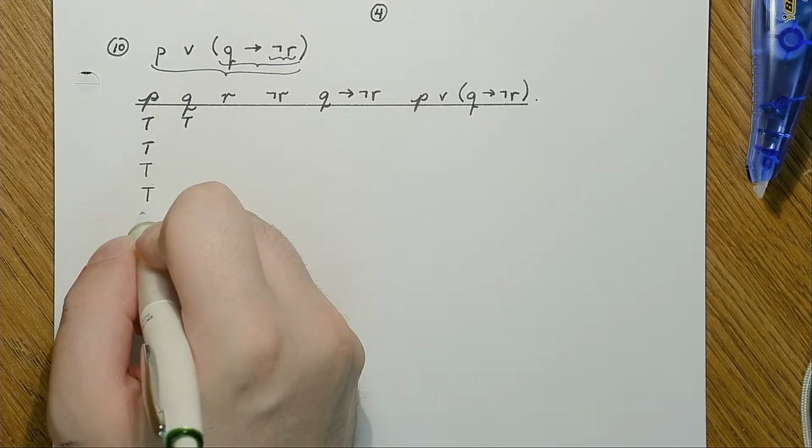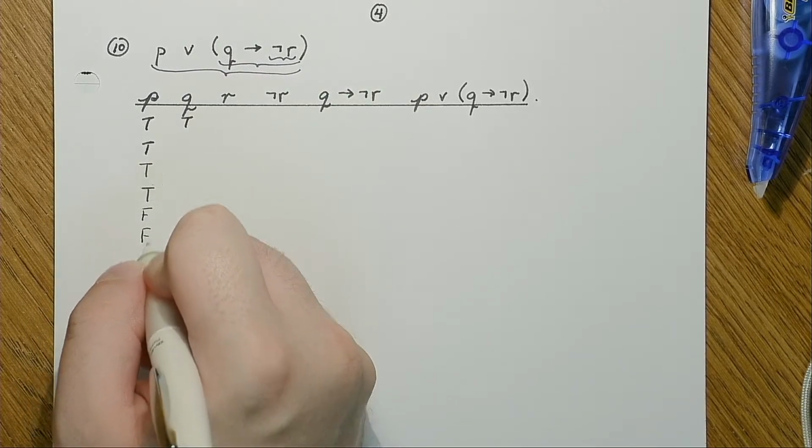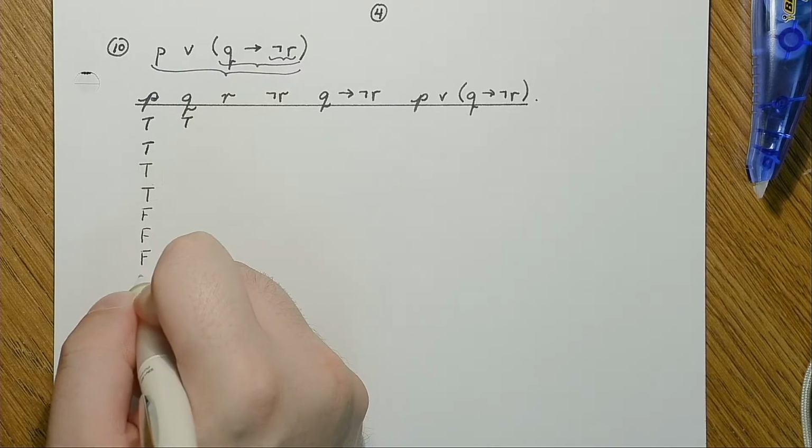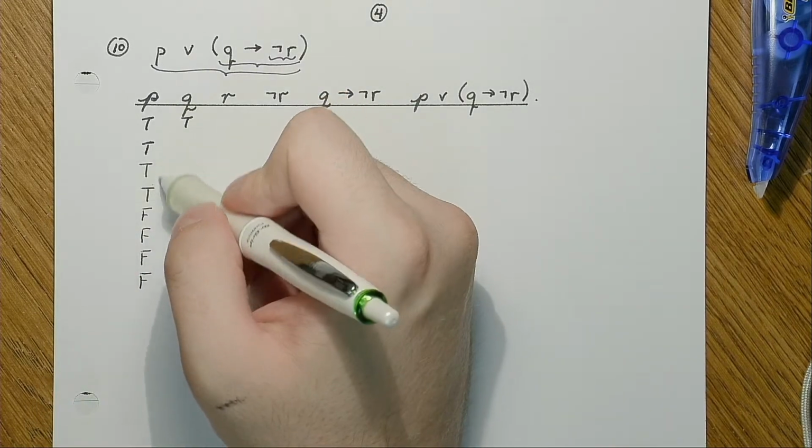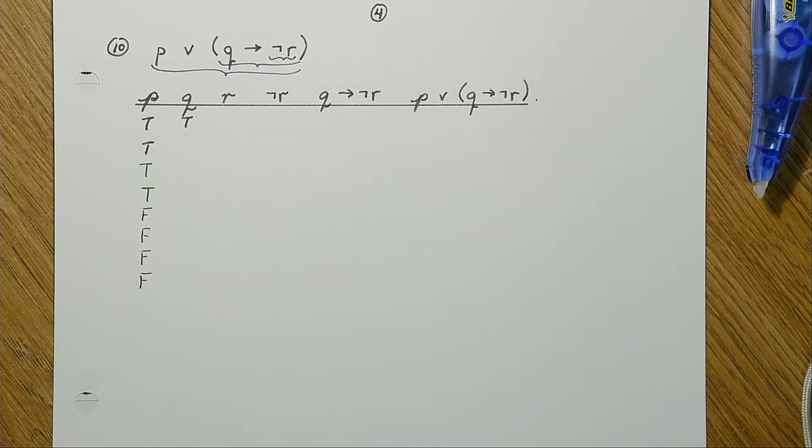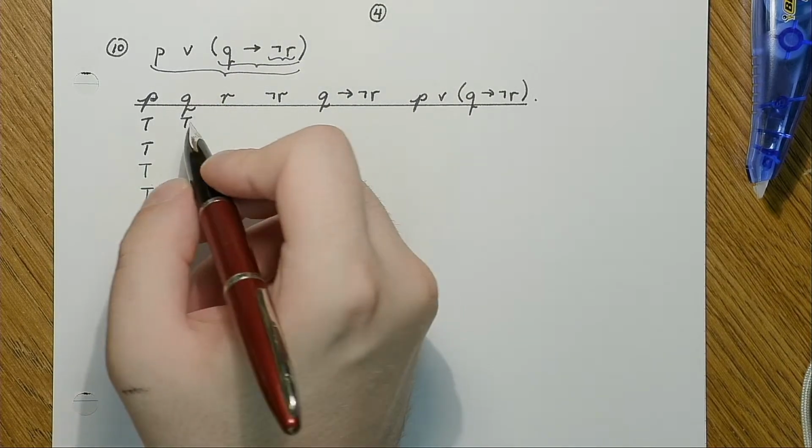I have three propositions. There's 4 and there's 4. Okay, gives me 8 lines.